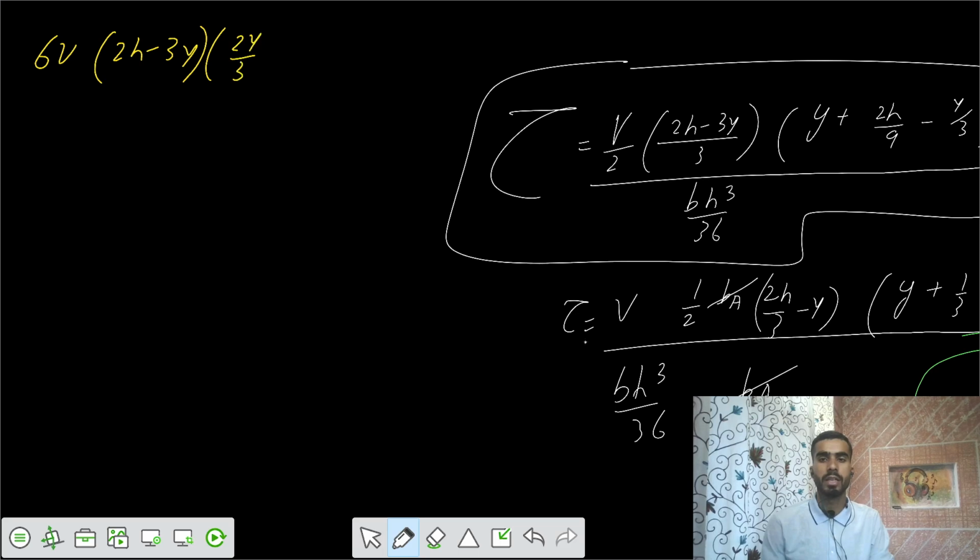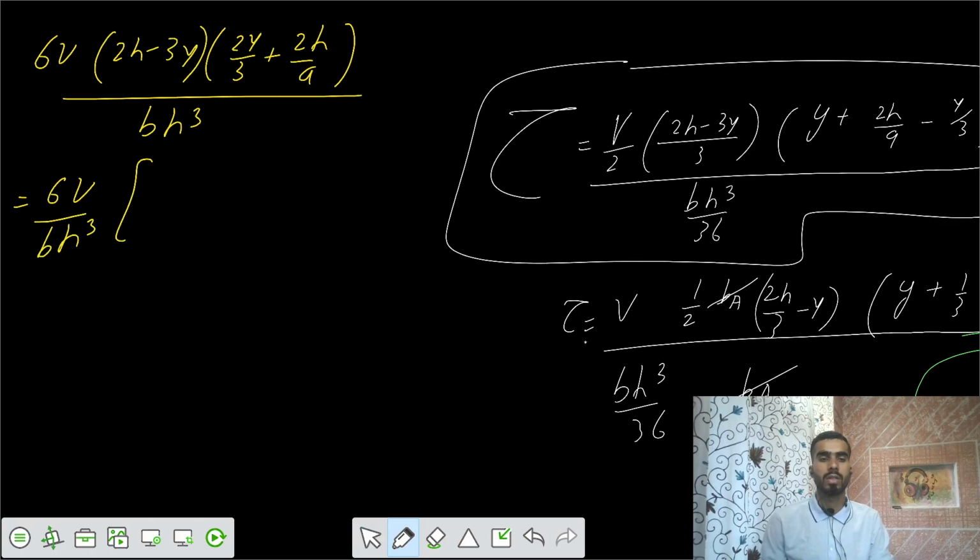That's 2y/3 plus 2h/9, divided by bh³. So if you solve this part, we get 2h into 2y/3. Let's take the 2/3 common.